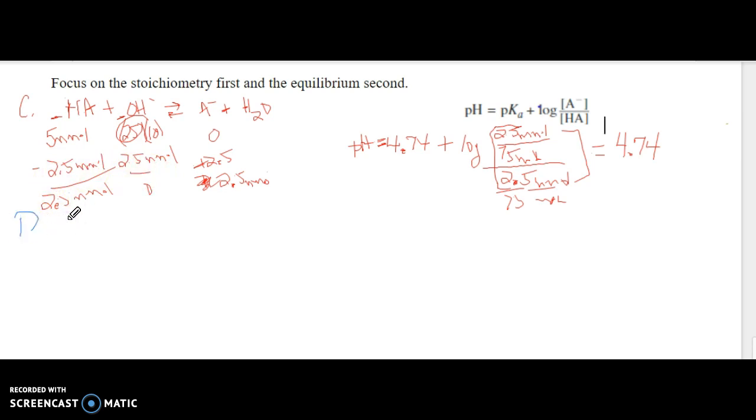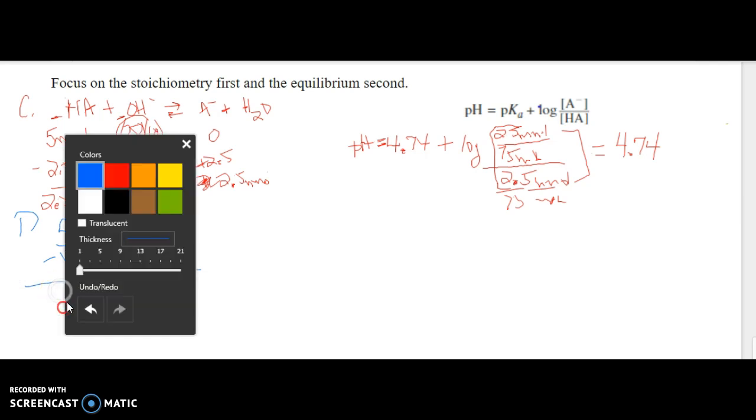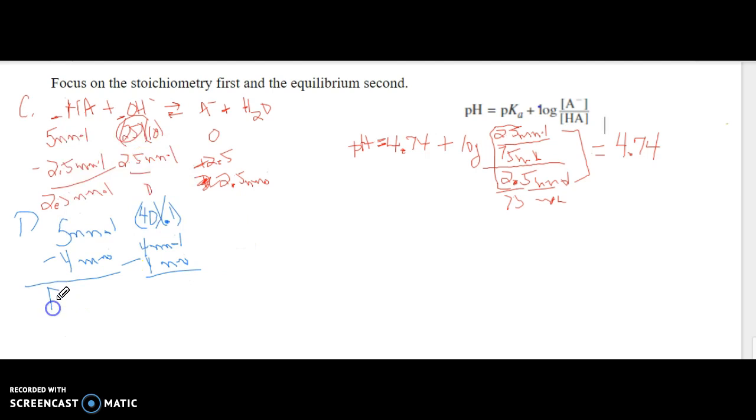So again, looking like 5 millimoles of this. So this time for D, we have 40 milliliters, so 40 times my 0.1 is my 4 millimoles. Again, hopefully you're seeing a pattern here. So minus 4, minus 4. So 1 millimole, and this would be plus 4 millimoles.